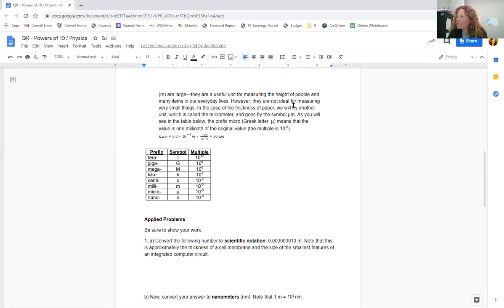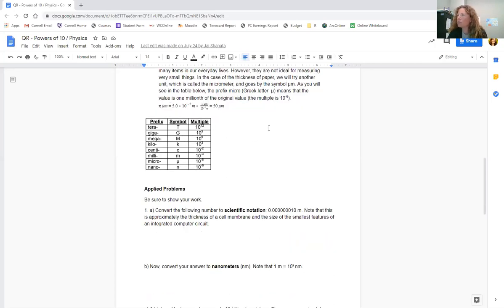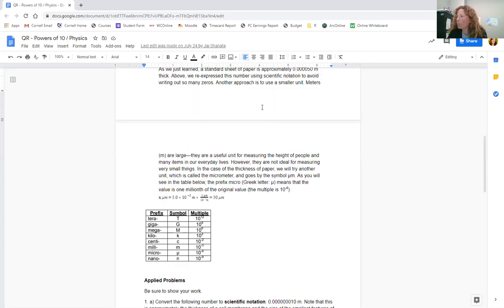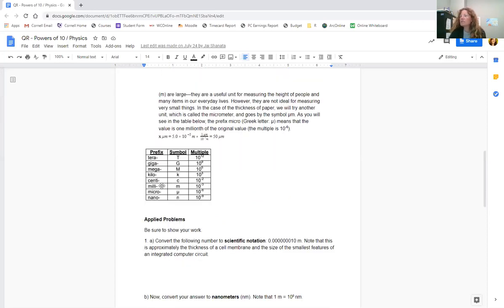So in this example, we go through converting from our 0.00005 meters here, and they tell you the prefix micro, which is this Greek letter mu, means that the value is 1/millionth. That's what 10 to the negative 6 is.